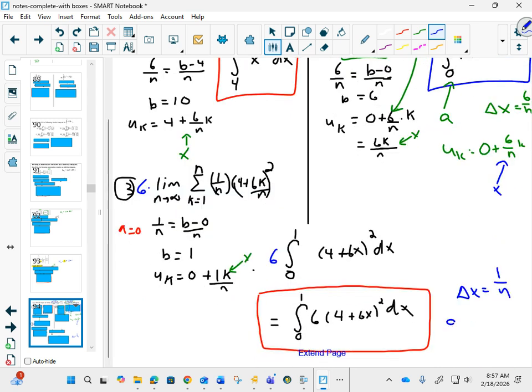Next, I'd see that A is 1, A is 0, sorry. Starting point is at 0. And from there, I could find 0 plus, so I'd get k over n as my x value, and I'd be able to say, based in here, there's my k over n, that's what gets replaced with x.